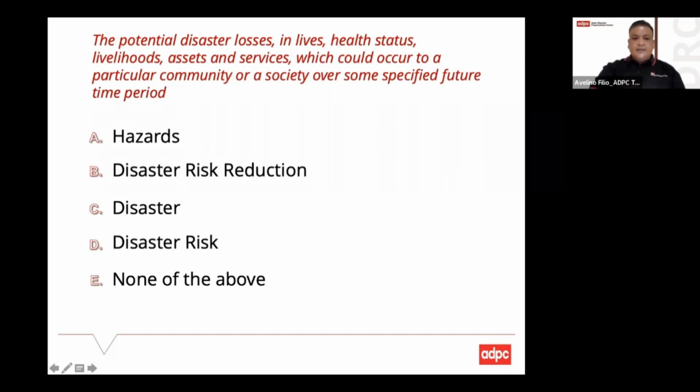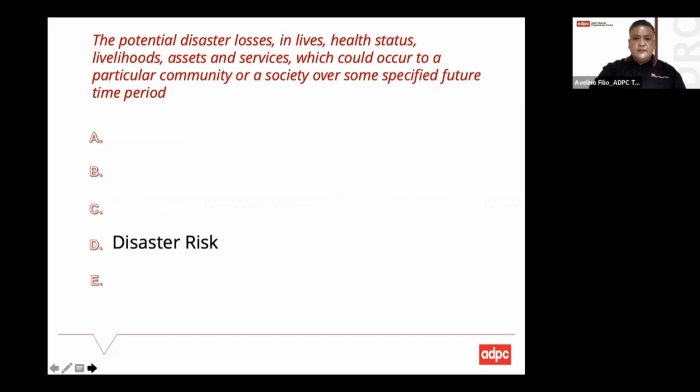What is that? I think maybe you're quite familiar with this. So let's see the answer. When we're talking of potential disaster losses, we're talking here of disaster risk. As we go along, we'll explain this further. I hope you got the first question correctly.